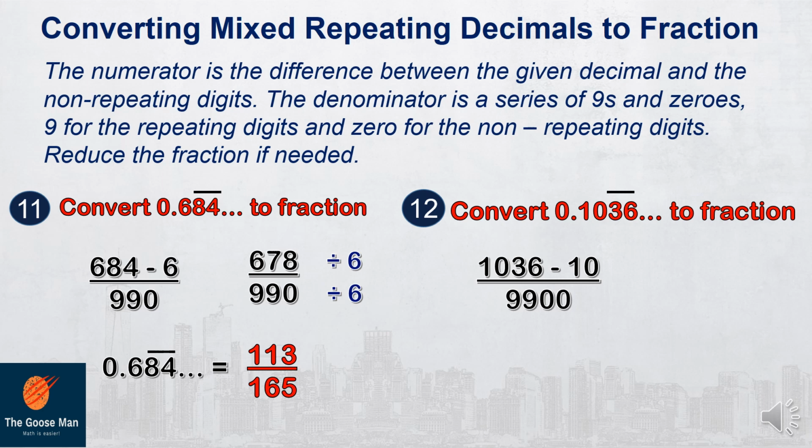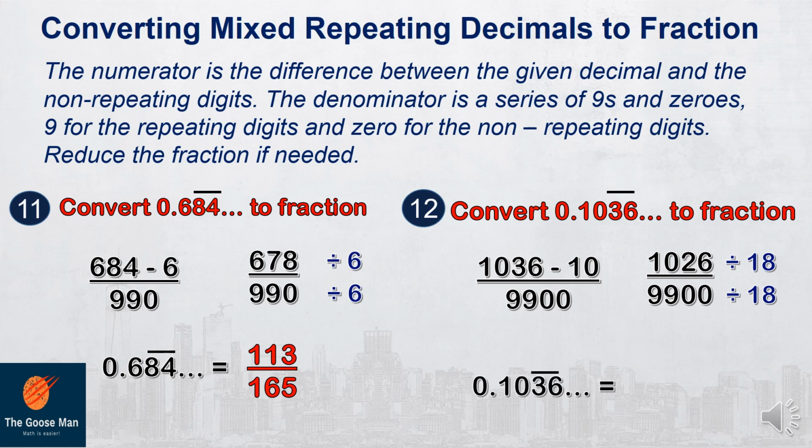So simplifying it further, we have 1026 all over 9900. If we divide both the numerator and denominator by 18, the given decimal is the same as 57 all over 550 as fraction.